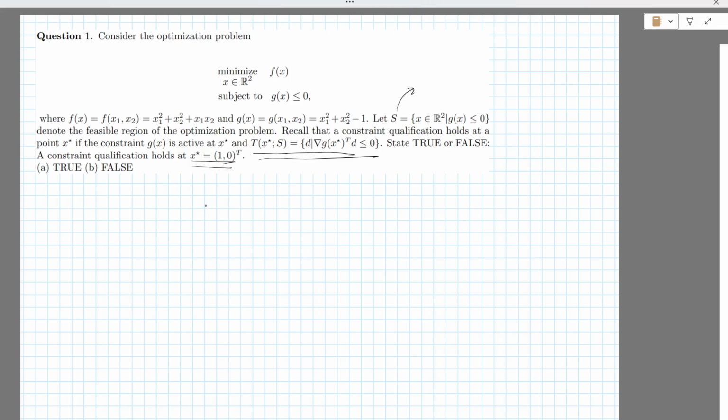If you substitute (1, 0) in g of x, what we get is 1 plus 0 minus 1 equal to 0. So it is an active constraint.